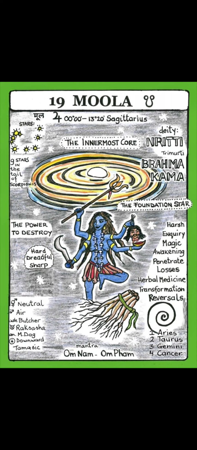So, in the vast celestial map that guides Vedic astrology, the nakshatras, or lunar constellations, are among the most ancient and vital components. While the zodiac signs divide the sky into 12 parts, nakshatras offer a more nuanced lens through which astrologers interpret personality, destiny, and that touchy subject, karmic patterns.